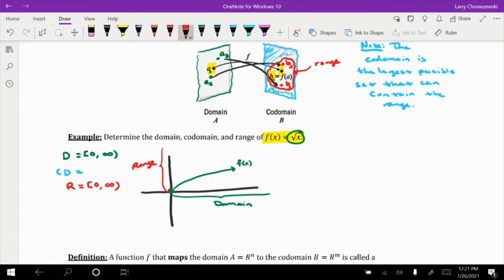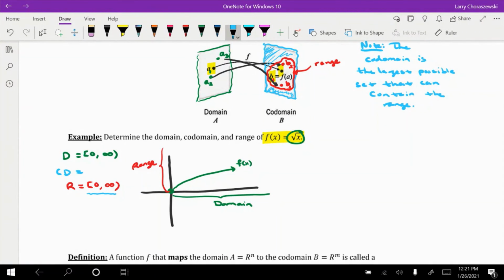Now, the codomain is the largest possible number set that could contain the range 0 to infinity. Let's think of the largest number set, excluding any imaginary numbers, of course, that could contain bracket 0 to infinity.